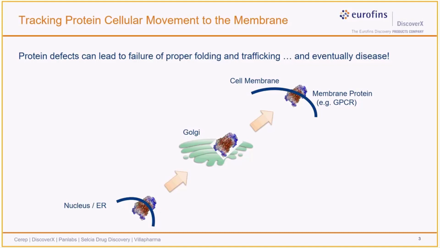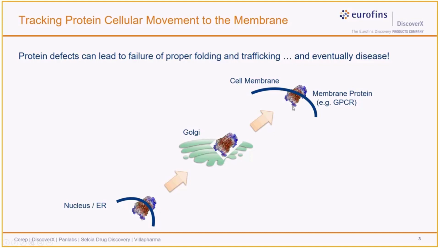So these proteins, for example, we're looking at a GPCR here, start out obviously in the nucleus where it's transcribed and translated, and then it gets moved to the endoplasmic reticulum, or the ER, and then once it's properly folded, the proteins are translocated to the Golgi apparatus, where it undergoes post-translational modifications like glycosylation, and then it is trafficked to the surface of the cell membrane.